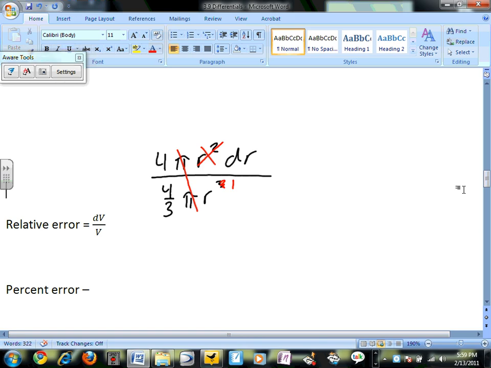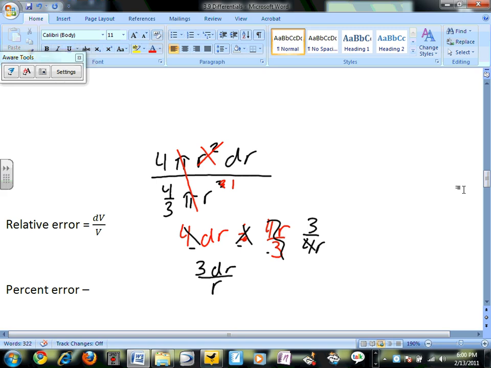So I'll have 4 dr divided by 4r over 3. When we divide by fractions, we keep it, change it, flip it, so multiply by 3 over 4r. These 4s cancel out, and so we have 3 dr over r.